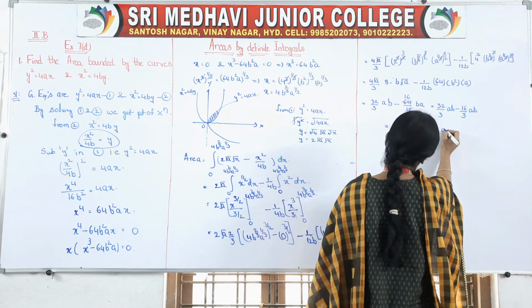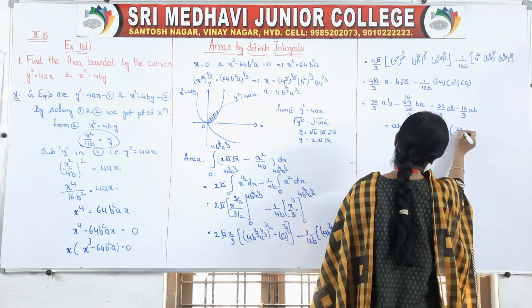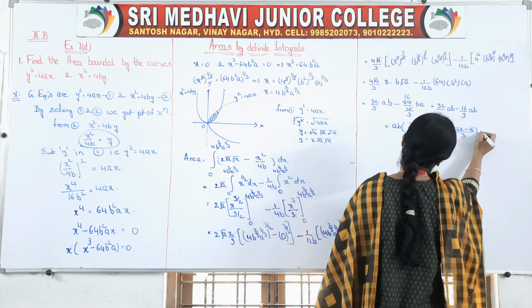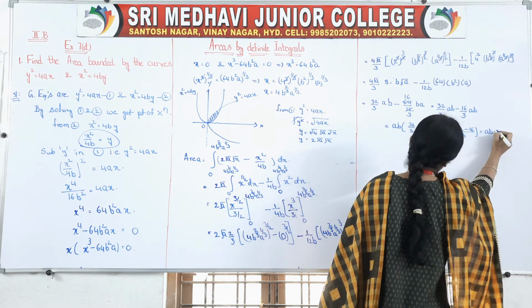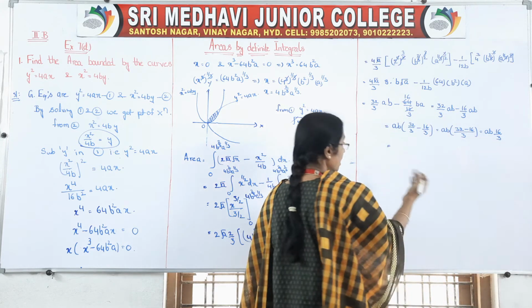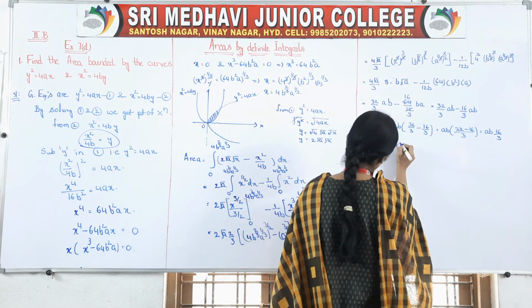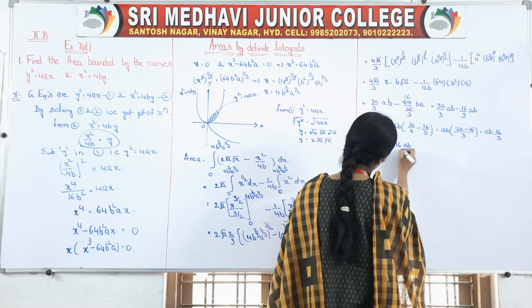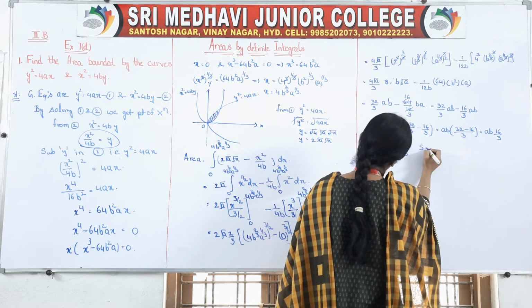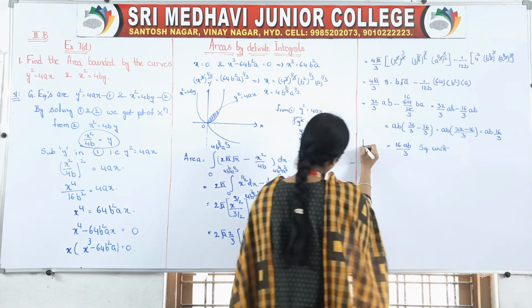So is equal to ab into 3 is the LCM, 32 minus 16 is 16. Generally first the number comes, then letters. So it is 16 ab by 3 square units is the area.